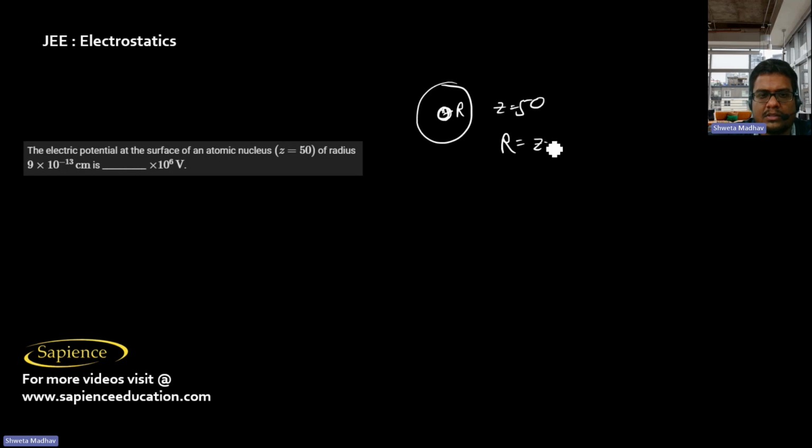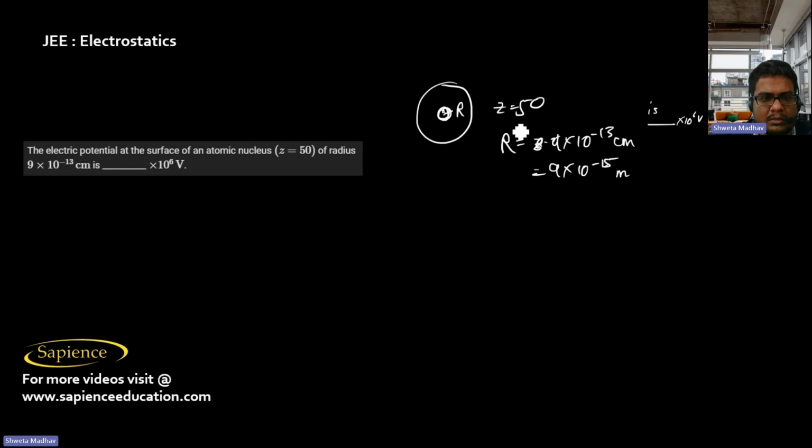The radius of the atomic nucleus is 9 into 10 power minus 13 centimeter, or I can say it is 9 into 10 power minus 13 into 10 power minus 15. There is a dash 10 power 6 volt.